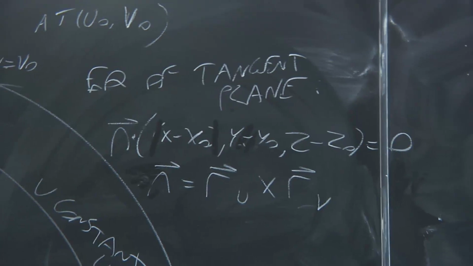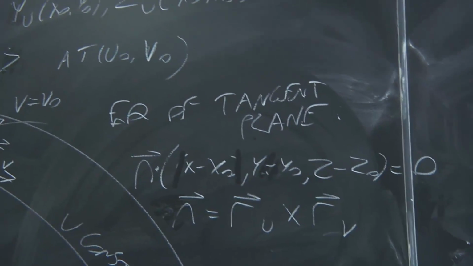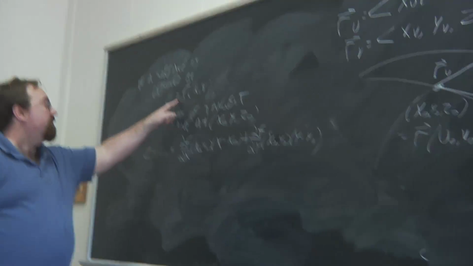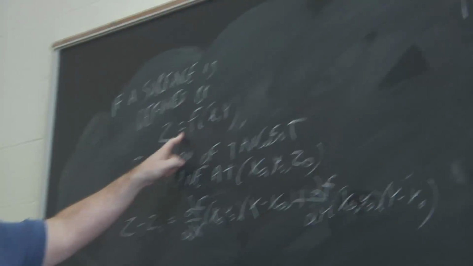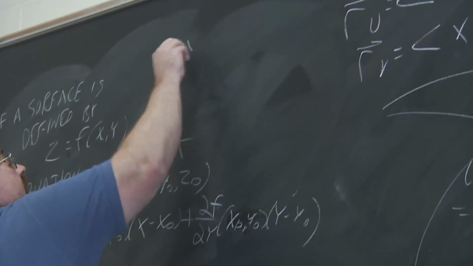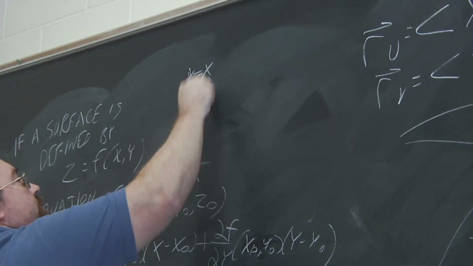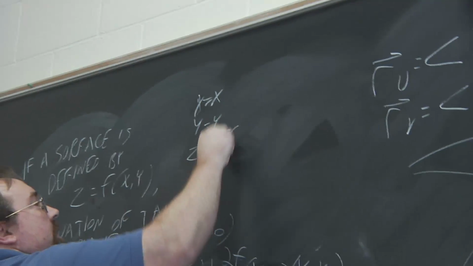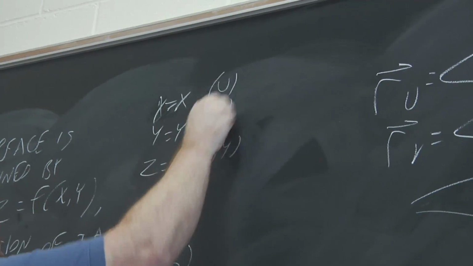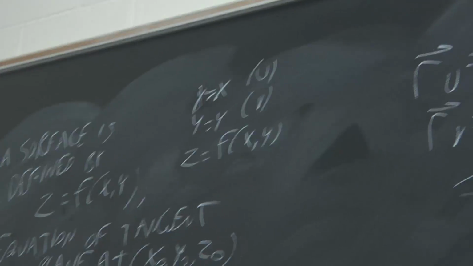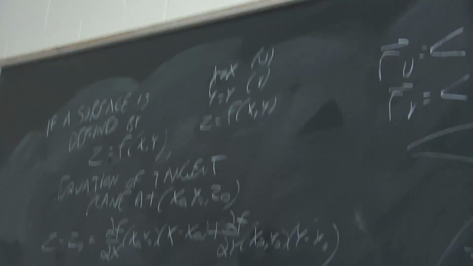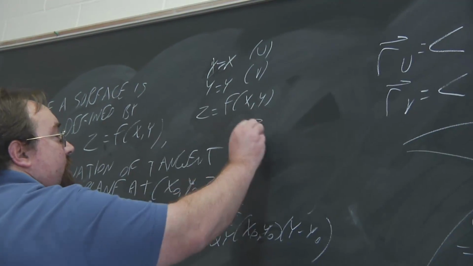Now, if your surface is described this way, then you can come up with a simple parameterization: x equals x, y equals y, z equals the function f of x, y. So x plays the role of your u, y plays the role of your v. And you can go through the same process. You can compute your vectors.